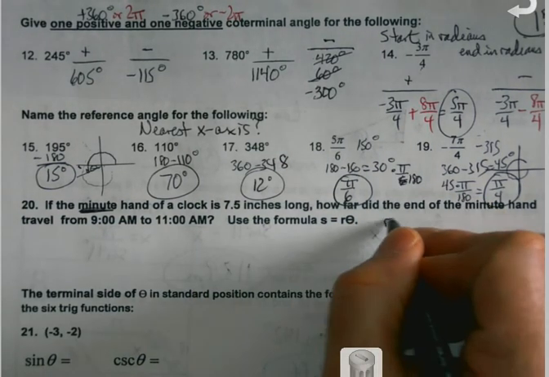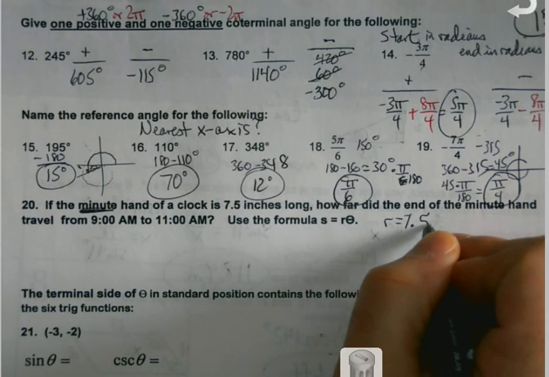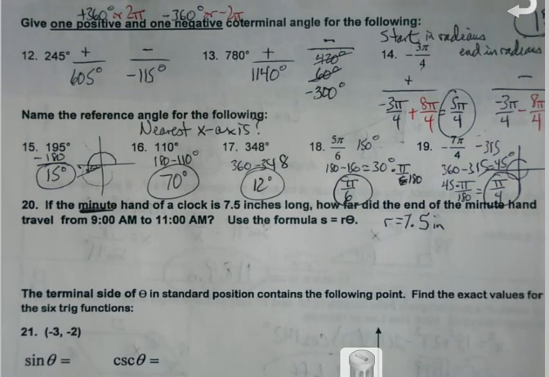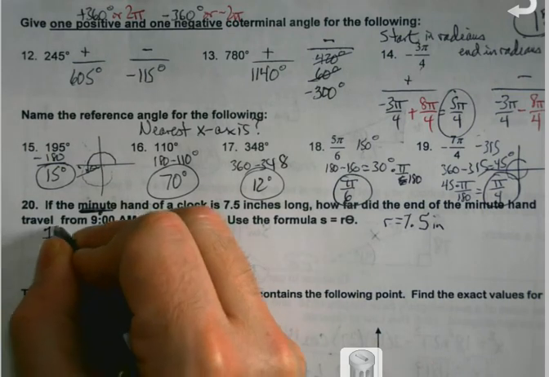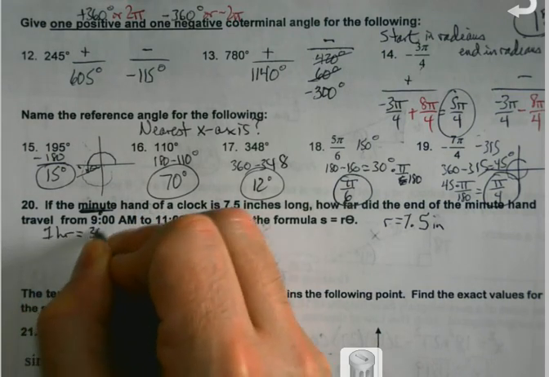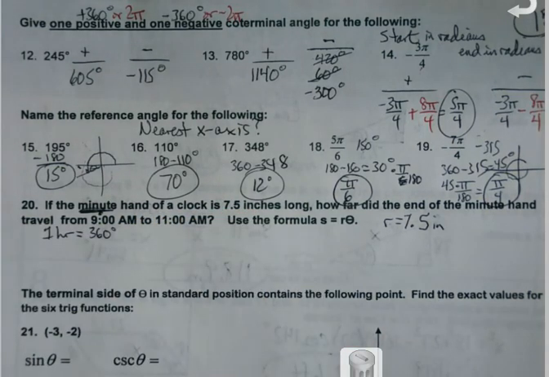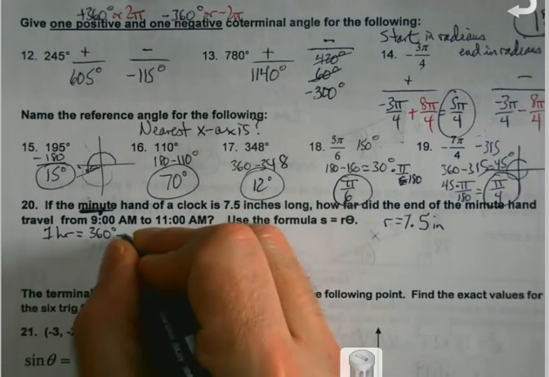I know my radius is 7.5 inches. I also know that the minute hand does a complete revolution in 1 hour. So 1 hour is 360 degrees. What is that in radian speak? 2 pi.